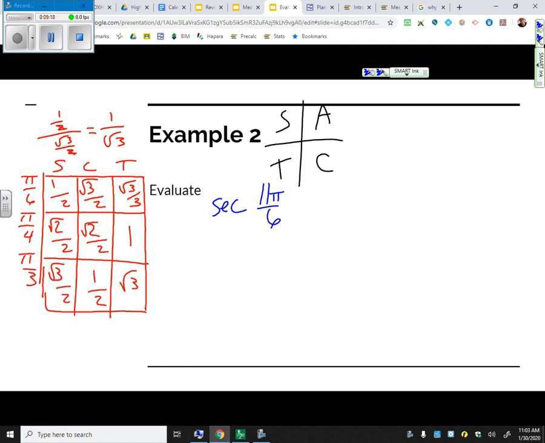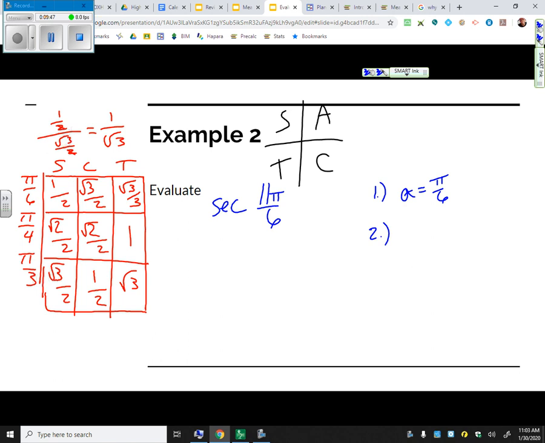All right, this is going to be a little bit different today. Got a little bit of extra thinking to do on part of it, okay? So step 1, I want to find my reference angle. Pi over 6, I agree. Step 2, I want to use my table.